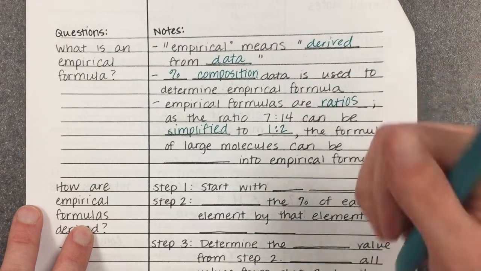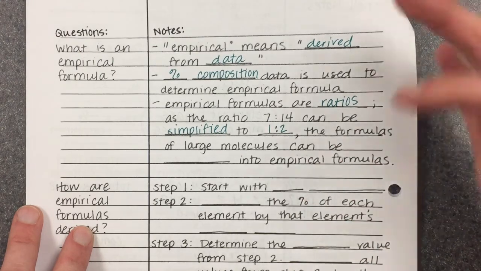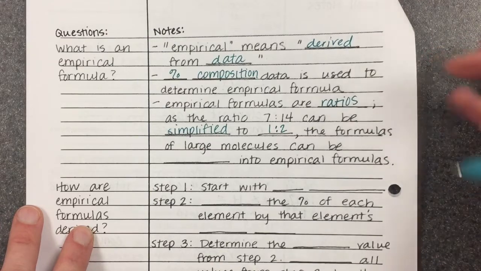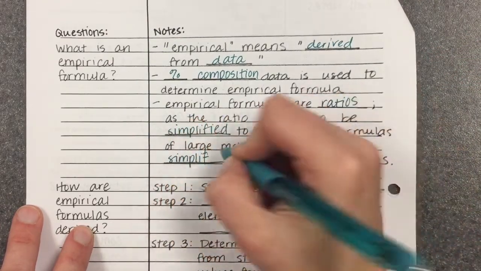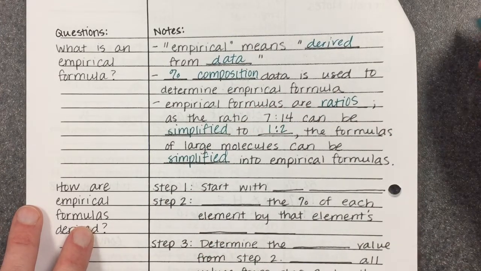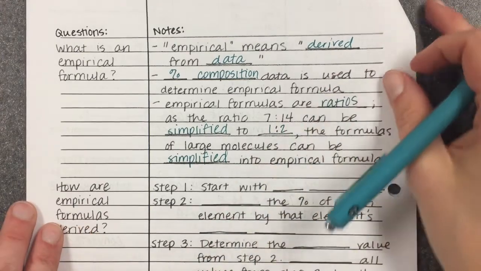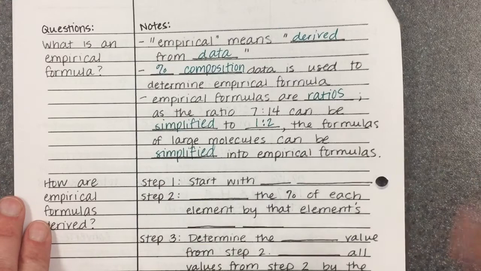And so if I have a really large formula with really large numbers, I can take that large molecular formula and we can simplify it, okay, into an empirical formula, okay? And we're going to talk about how to go the other way in just a moment, how to turn an empirical formula into a molecular formula.